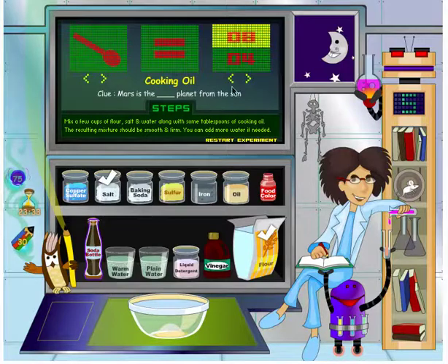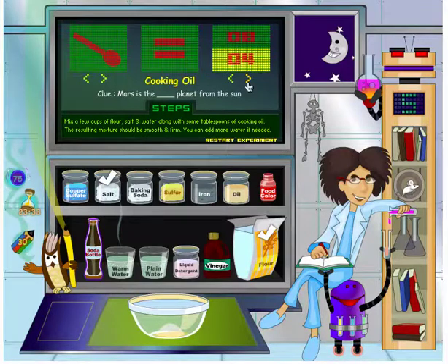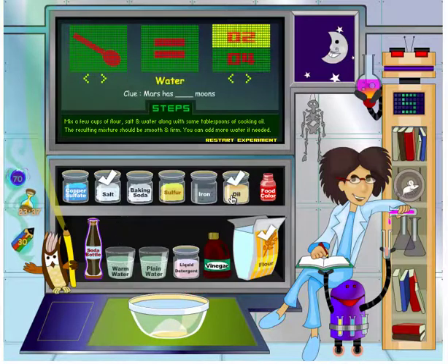Mars is the 4th planet from the sun, so I need oil, 4 tablespoons of oil. So I click on oil. And now I have 4 cups of oil.